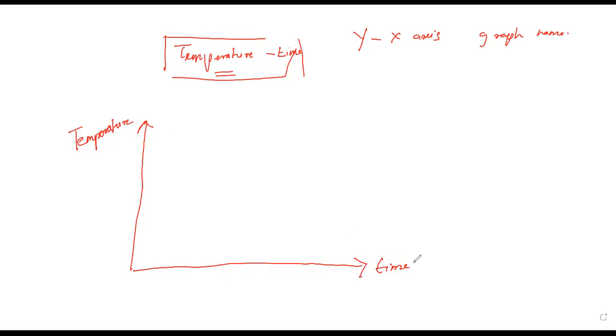Actually, here time is not clearly mentioned. If they said within 5 minutes or within 10 minutes, then it is compulsory to mention the minutes or seconds. But here they didn't give the time, so if you write just time, that's enough.